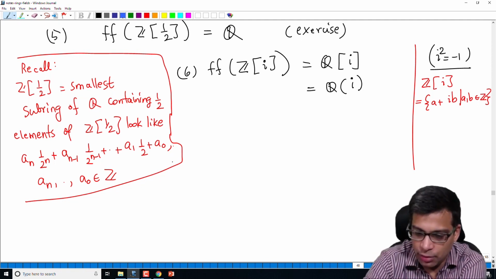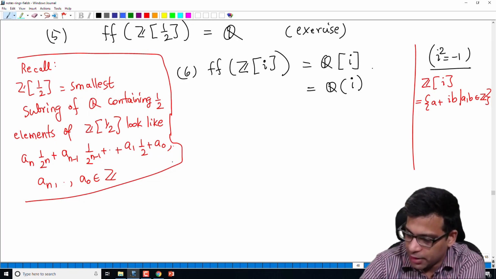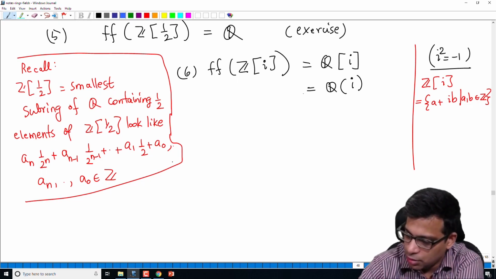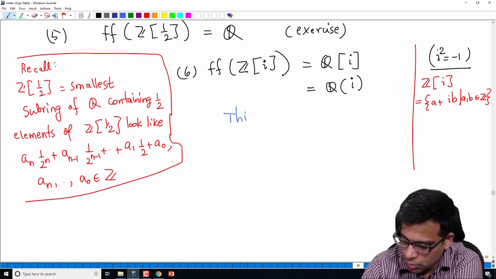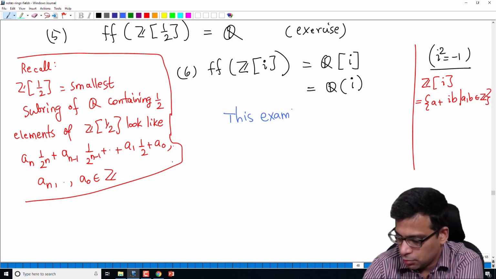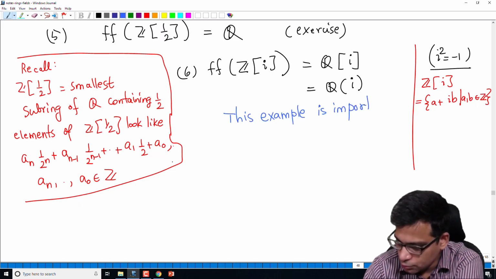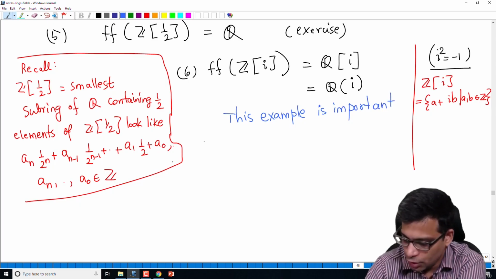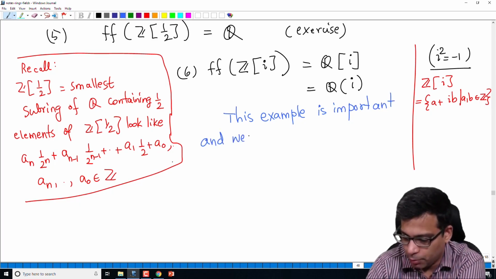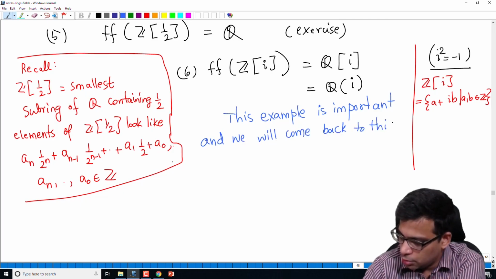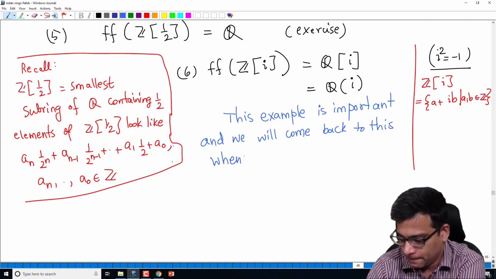So now I will mention that this will be described in future. So these are equal. This example is important, and we will come back to this when we talk about fields.